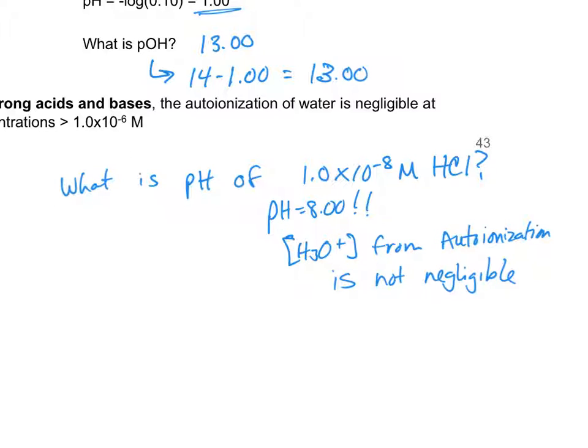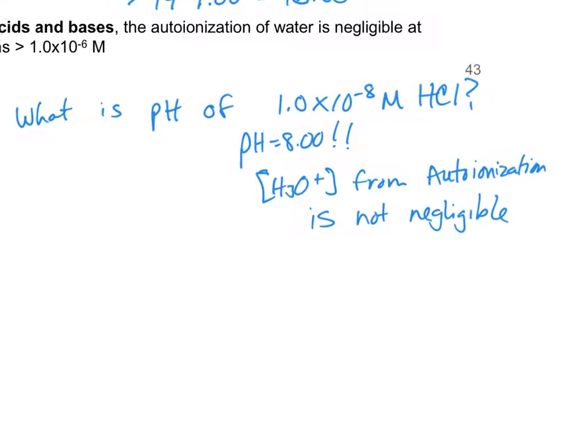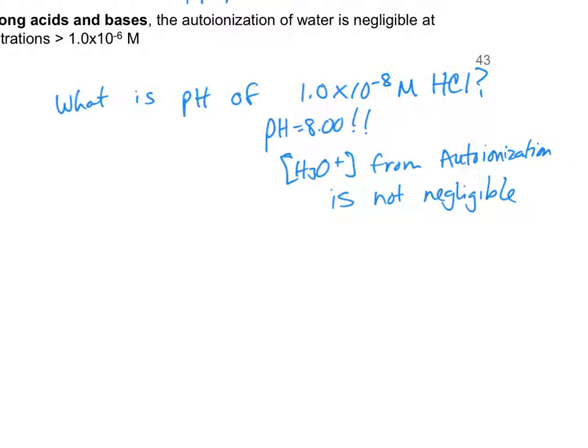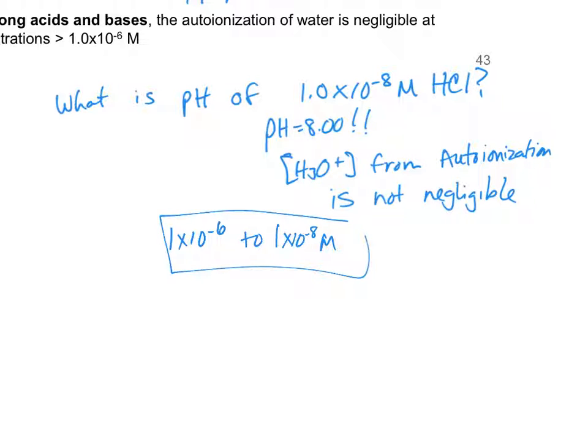It's a little bit more challenging of a problem. So really, for a strong acid, anytime the concentration is between 1 times 10 to the minus 6 and 1 times 10 to the minus 8, you can't ignore autoionization of water.